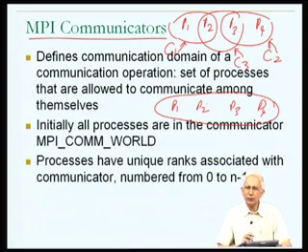Okay, now within a communicator, each process has what is called a unique rank, and I had used this term when we looked at the list of functions in the previous lecture. Essentially, the rank serves the purpose of a process identifier.